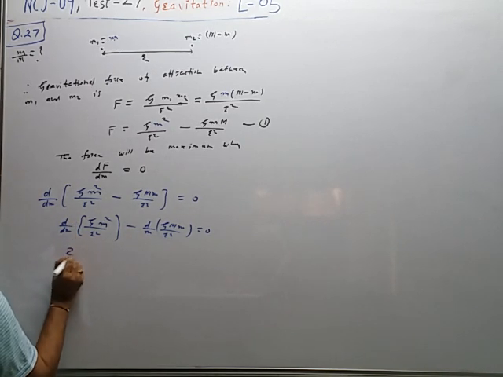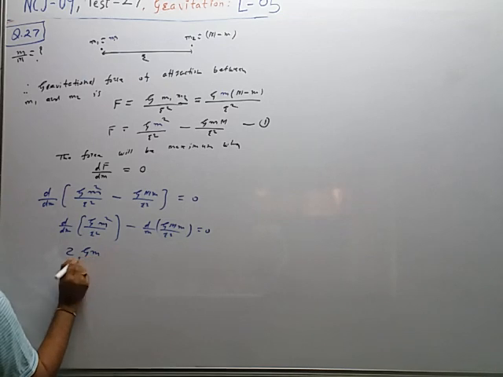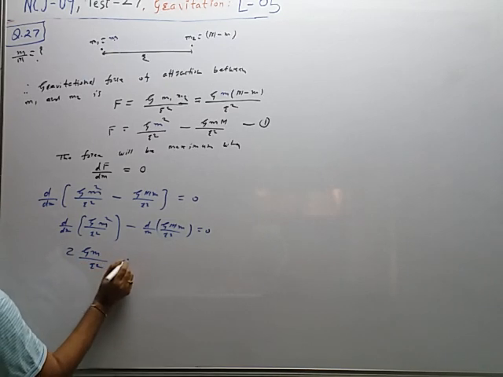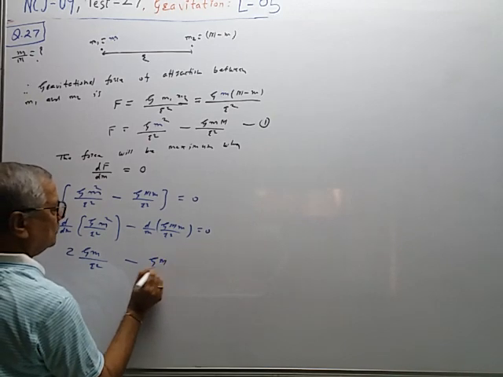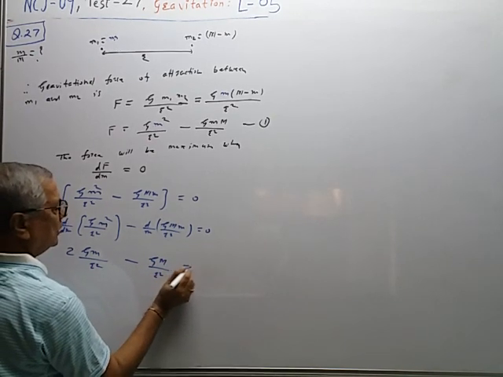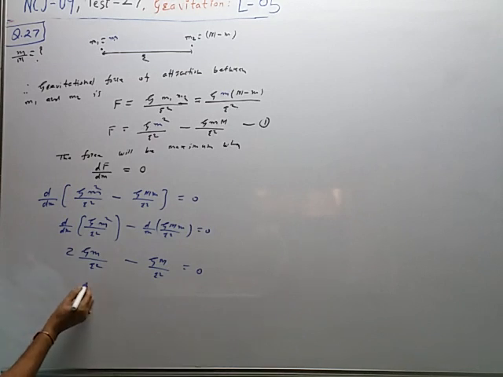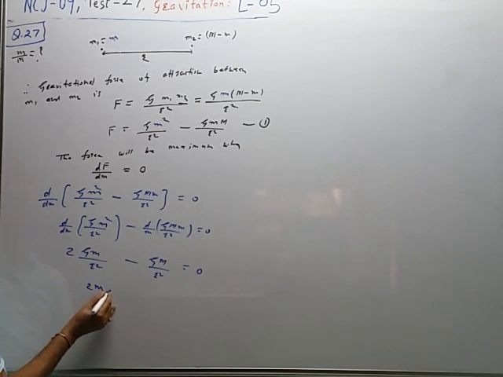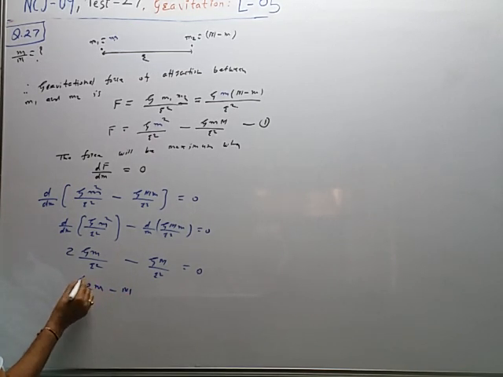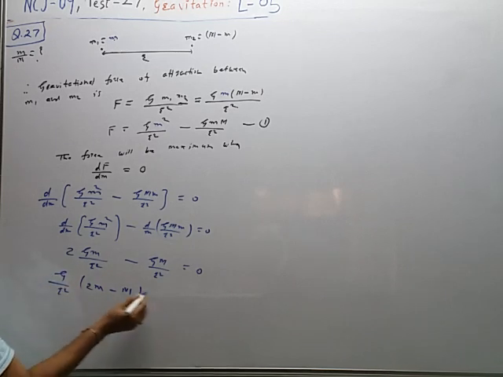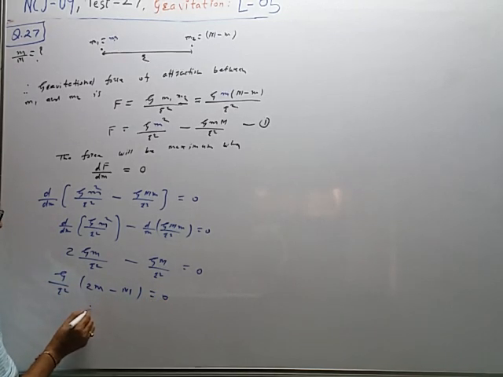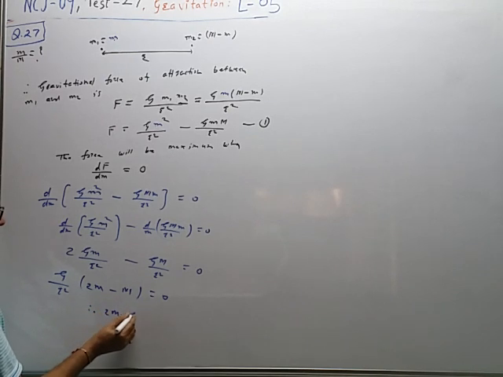So this is equal to G M upon r square, derivative of the first term, minus 2 times G m upon r square is equal to 0. And therefore G upon r square times (M minus 2m) is equal to 0. And then M minus 2m must be equal to 0.